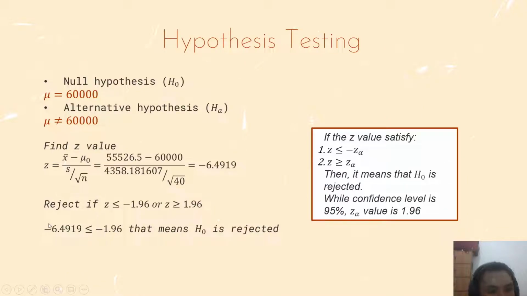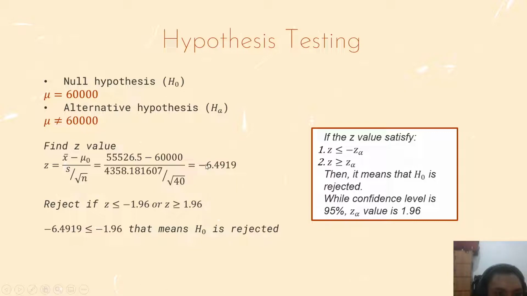Here is the condition for rejection: if the z value satisfies z less than or equal to minus z alpha, or z more than or equal to z alpha, that means the current hypothesis that we're analyzing is going to be rejected. So reject if the z value that we just found is less than or equal to minus 1.96, or more than or equal to 1.96.